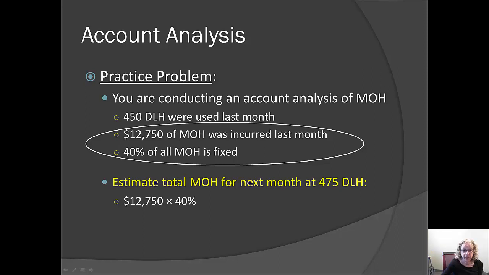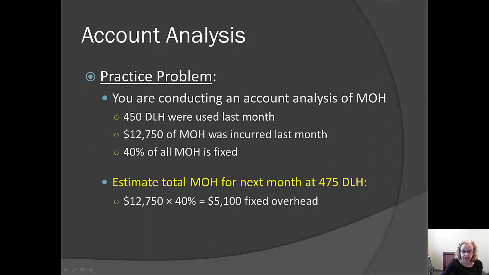We believe that about 40% of the firm's overhead is fixed. That means that our best estimate is fixed overhead is a little over $5,000. That means that if we take our total overhead and we subtract out the portion that is fixed, we're left with about $7,650 worth of variable overhead.